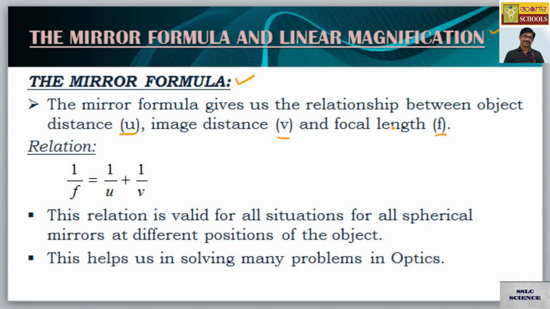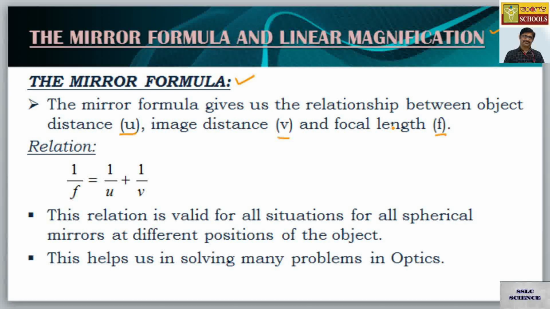At this point of time I am taking the relation directly by defining object distance, image distance, and focal length. Object distance is the distance between the pole of the mirror and the object, and it is denoted by u.